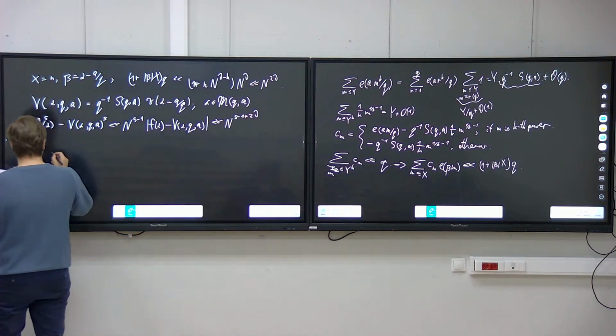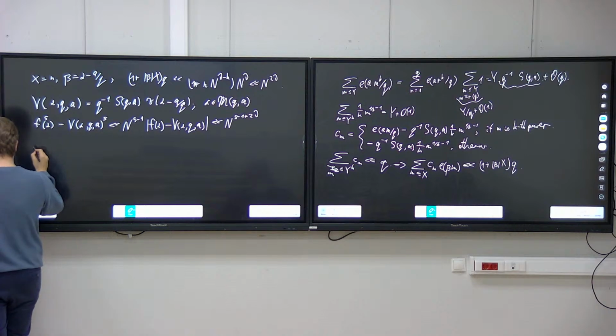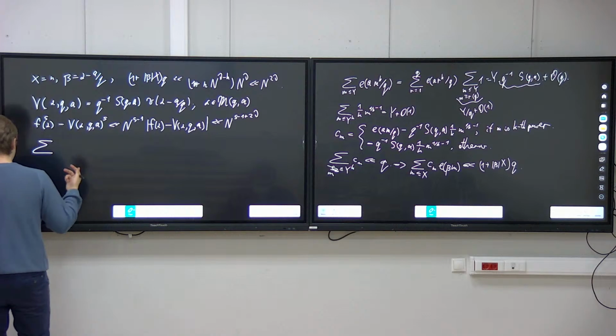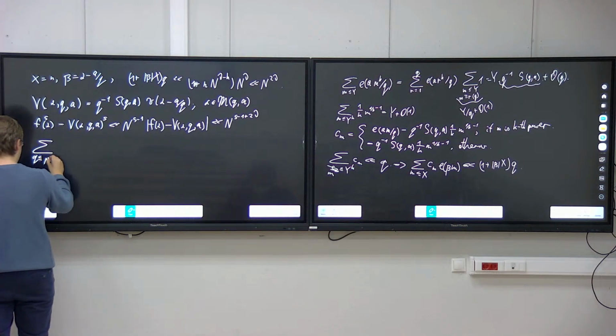And now, what's the integral over major arcs? It's such a sum, where q is less than n to the power nu.